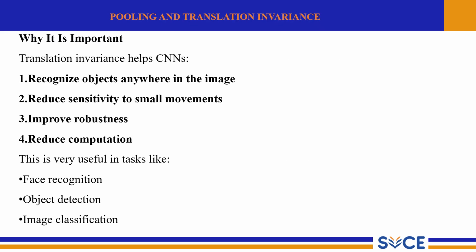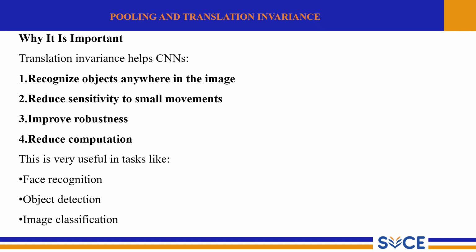So why is translation invariance important in CNN? Translation invariance helps CNNs in several ways. It allows the network to recognize objects anywhere in the image, not just in a fixed position. It reduces sensitivity to small movements or shifts in the input image. It improves the robustness of the network, making it more reliable in real-world scenarios.